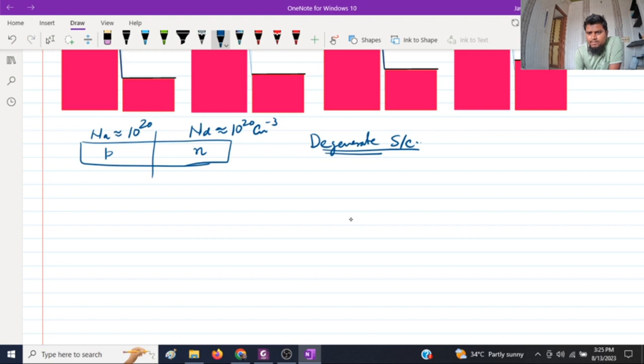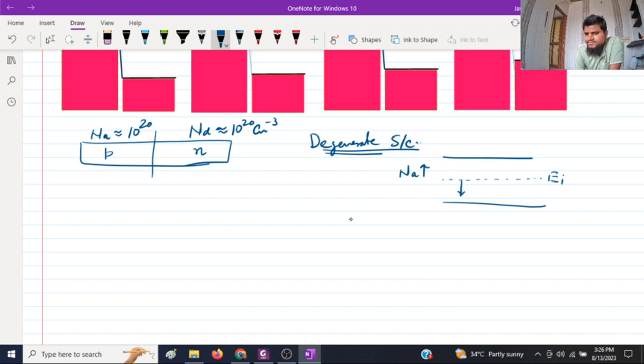When you have a very high concentration of holes, as you increase the acceptor doping, we all know that the Fermi level will shift down from the intrinsic level.